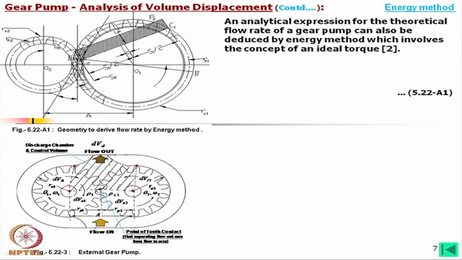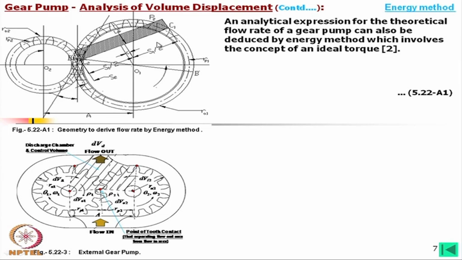Similarly, if we consider the other gear also, we will find another torque which is acting on the other gear. Now, this total torque is transmitted by the shaft. So, in that way we can calculate the total power or total energy, which is the rotational angle into that torque.